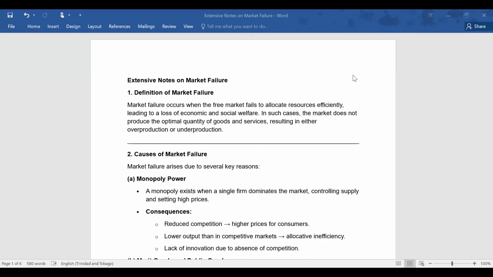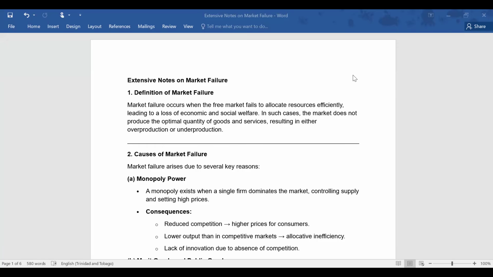So apologies for the technical difficulties with the PowerPoint, but we're still going to get the information, right? So we're on the second to last topic for the day, market failure. The whole purpose of economics is looking at how we can use our limited resources to satisfy our unlimited wants as efficiently as possible.